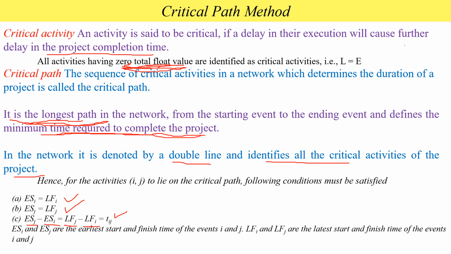Here the earliest start time equals the latest finishing time of the I event. Similarly, for the J event. And also the difference between the earliest start times of the I event and J event equals the difference between the latest finishing times of the I event and the J event, which is equal to the time of the activity.